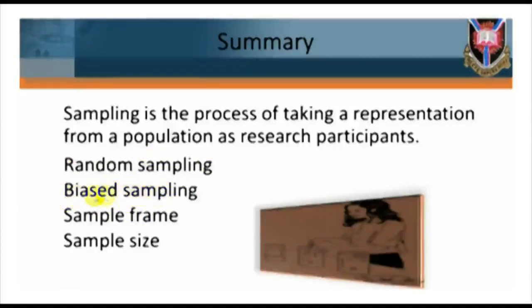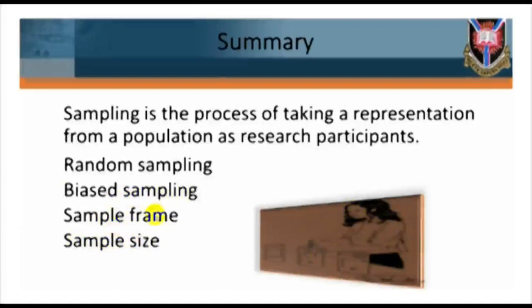This was differentiated from biased sampling, where members of the population do not have equal chances of being selected. A sample frame was differentiated from sample size, the former being the total units in the population, while the latter is the number of participants selected in a study.